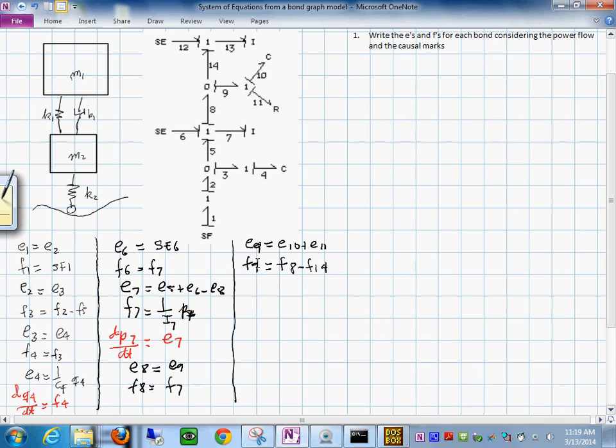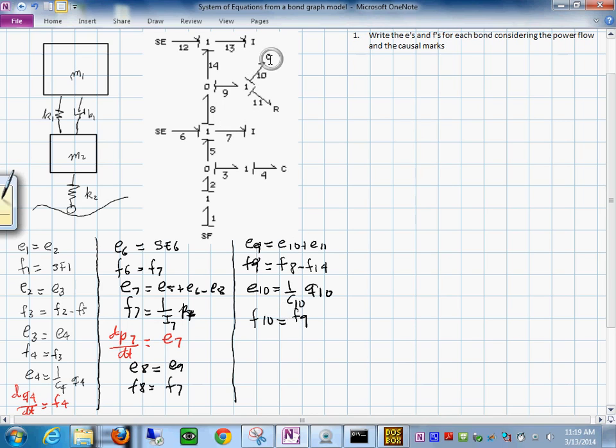Okay, and then you have 10, where E10 is equal to 1 over C sub 10 times Q sub 10, and F sub 10 is equal to what? F10 is F9.